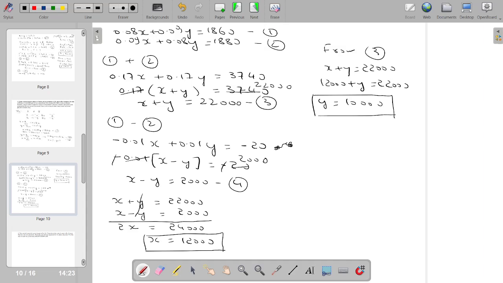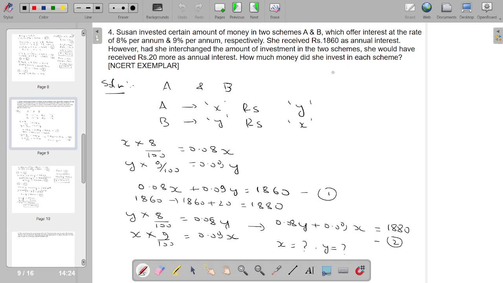So that person has invested 12,000 in scheme A, that is x, and 10,000 in scheme B, that is y. So we got the solution.